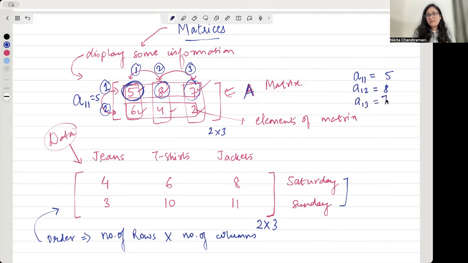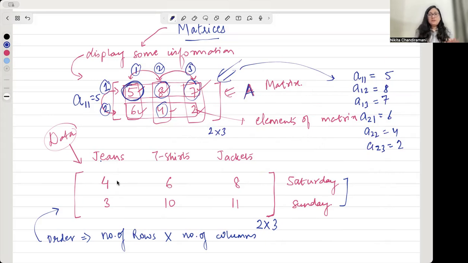It is going to be 7. Similarly, second row, first column, A21. First, you have to write the row number, then you write the column number. This is the standardized format. So A21 is 6, then A22 is 4, and A23, which is the second row, third column, is 2. So this is how the elements are displayed for this matrix.